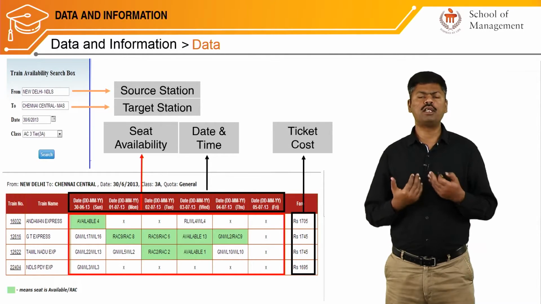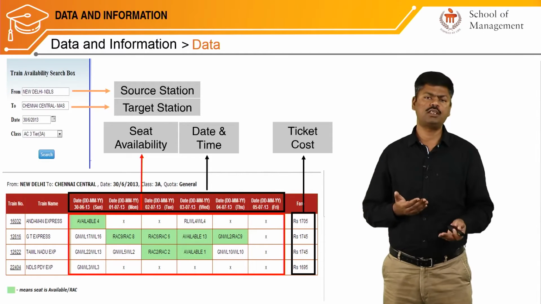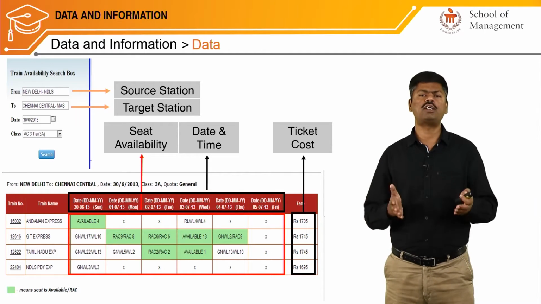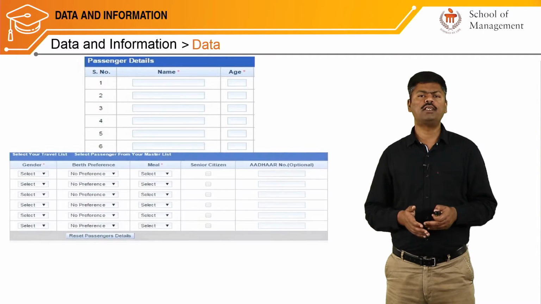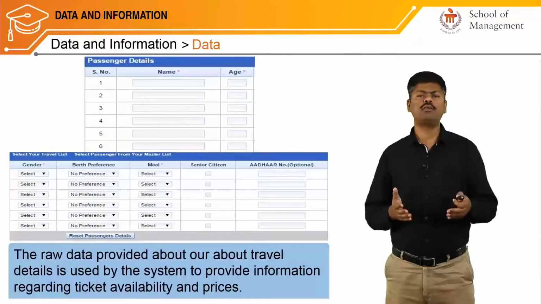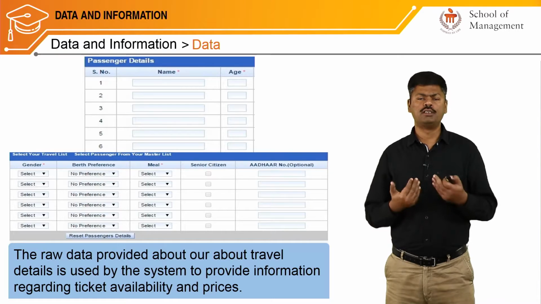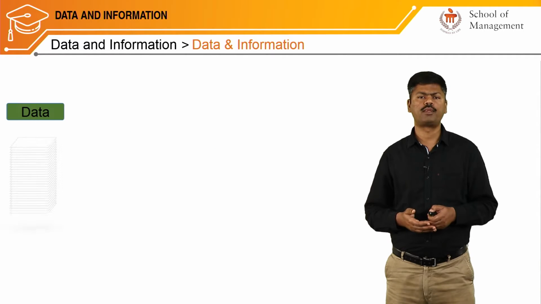So ticket cost and seat availability are the information which comes out after processing the data of the source station and target station on a specific date and time. This is the data which one has to put in about their personal details, and finally what comes out of the system is the availability, and you get your tickets booked.